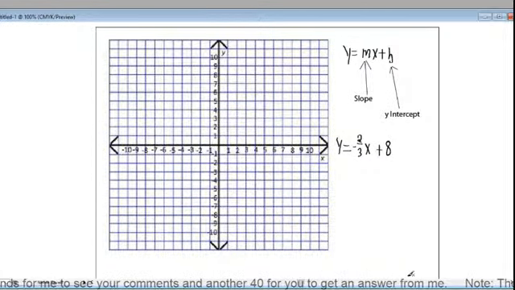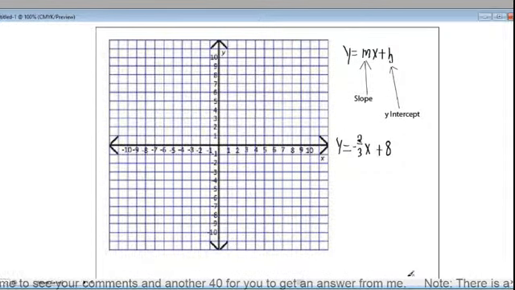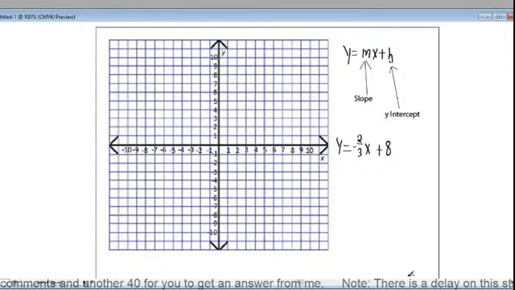Okay. So, same idea here. We still have a y-intercept and we still have a slope. But this time our slope is already a fraction, which is nice, but it's also negative. So remember, what that means is instead of going up 2 and over to the right 3, we're going to go down 2 and over to the right 3. Again, I always like to think about it as going to the right for whatever number's on the bottom.